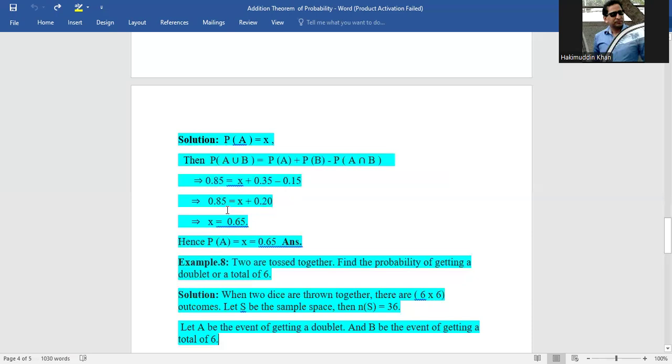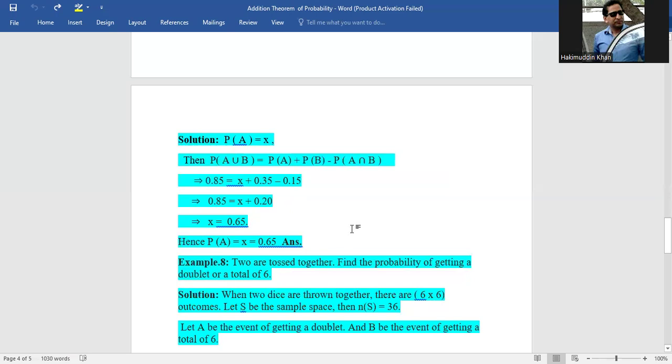So 0.85 is equal to X plus 0.35 minus 0.15, which becomes 0.20. Finally, what will the value of X be? 0.85 minus 0.20. The final value is 0.65. We assumed P of A is equal to X, so therefore the value of P of A is equal to X, which is 0.65.